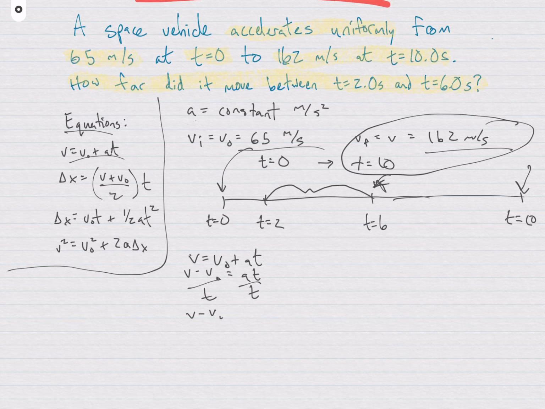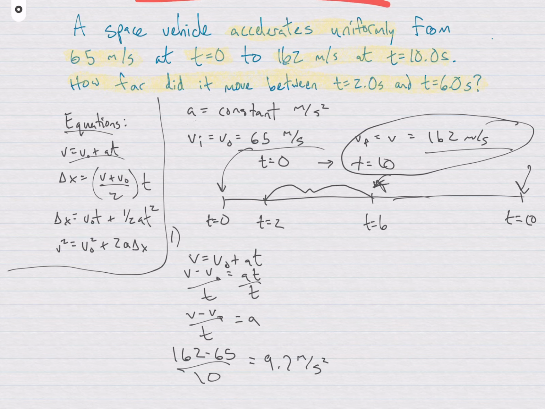So v minus v0 divided by t is equal to a. Plugging in, we have 162 minus 65 divided by 10, which is about 9.7 meters per second squared. So that would be the acceleration. Okay, so that will be step 1.